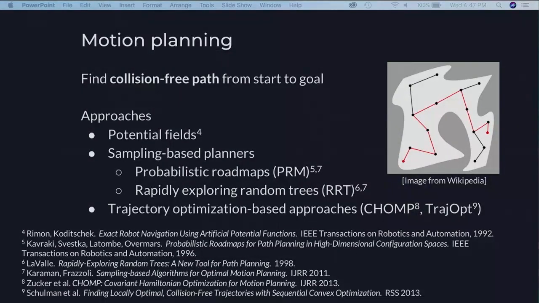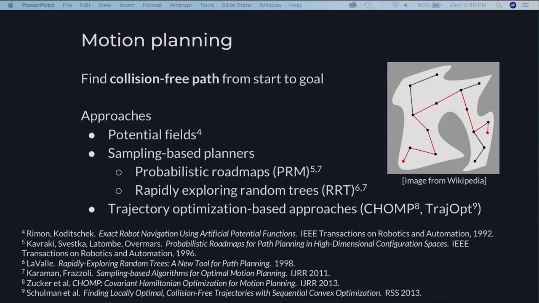So a bit of background on motion planning. The goal is to find a collision-free path from the start configuration to one or more goal configurations, which avoid the obstacles. We assume that we know the configurations which correspond to collisions in the environment and want to avoid these. A number of approaches have been proposed in the literature to perform motion planning.